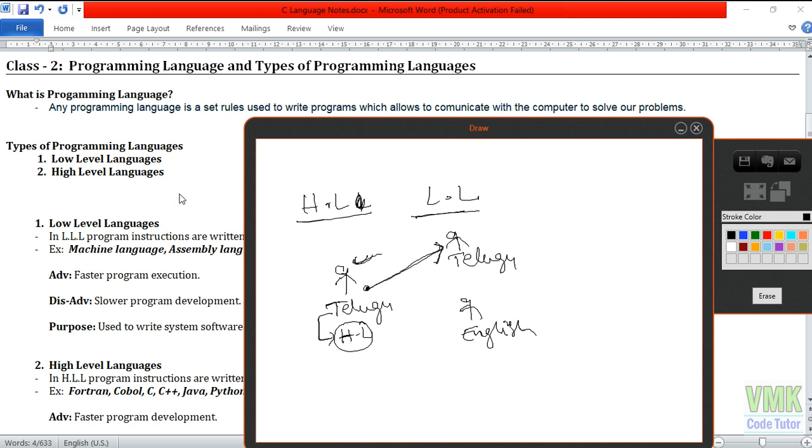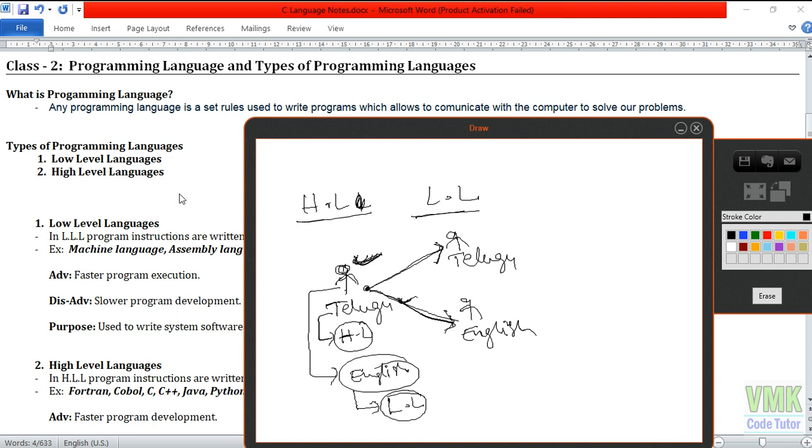Suppose now the same person would like to communicate with an English person. Therefore this person should learn the English language, then he should speak with the English person. Therefore, English for this particular person becomes a low level language, because for this person Telugu is the easiest language.